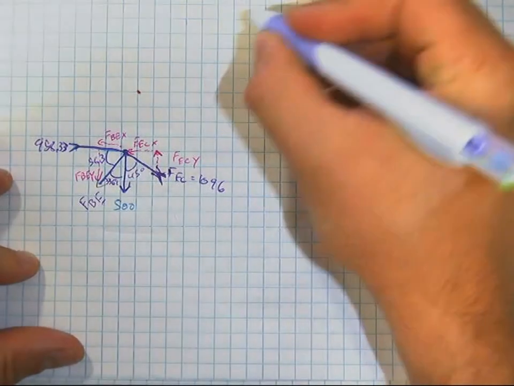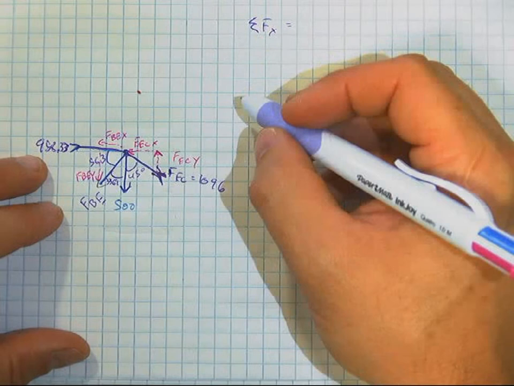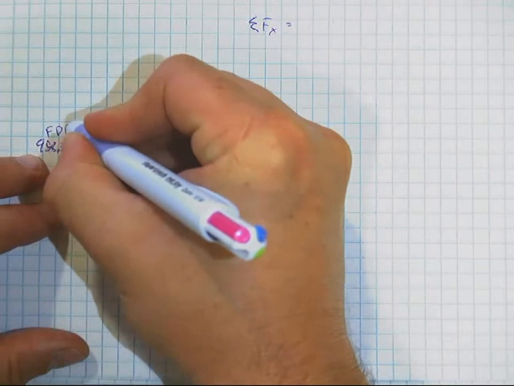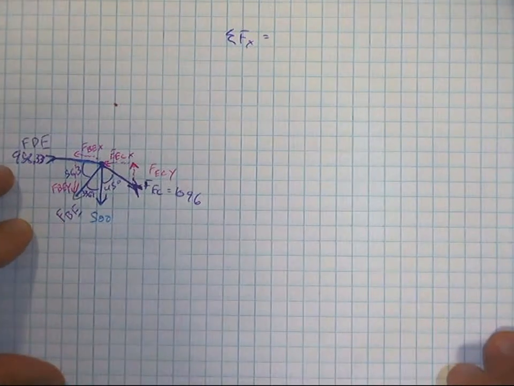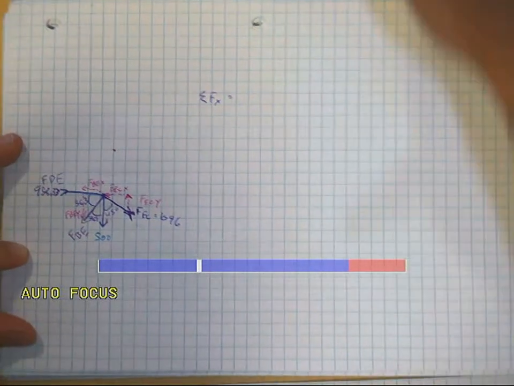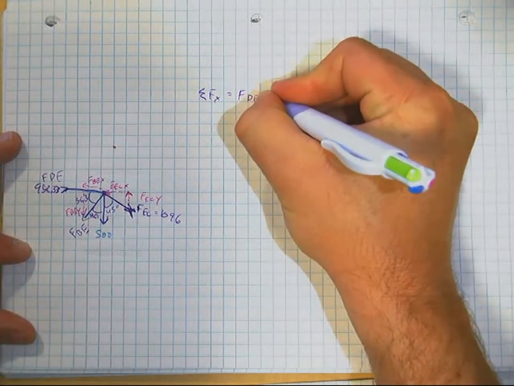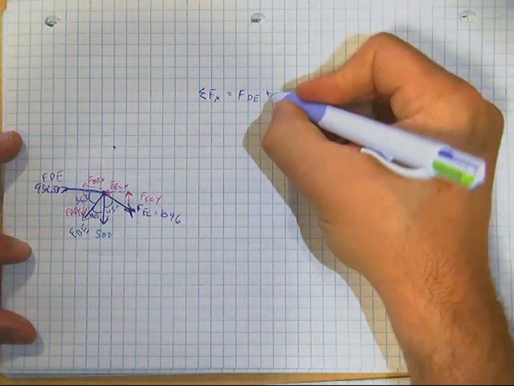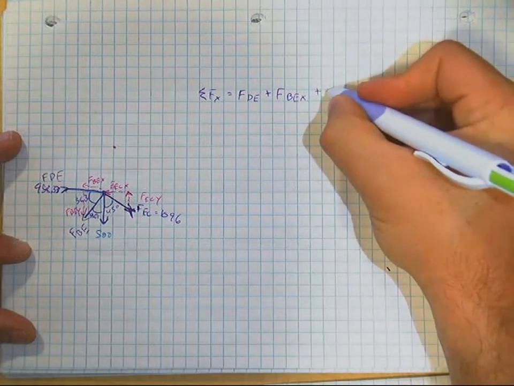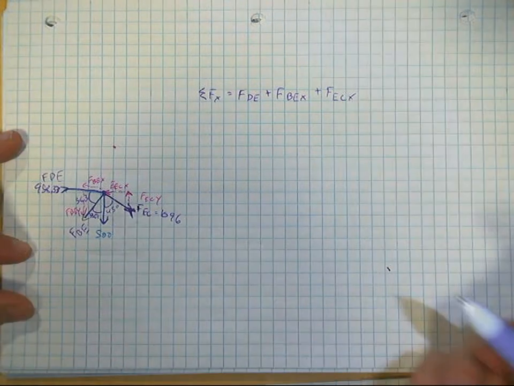So we have the summation of forces in the x direction. That's going to be FDE plus FBEX plus FECX, and that's it for the x direction.